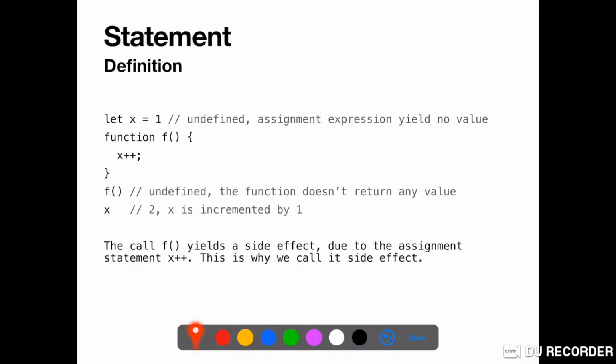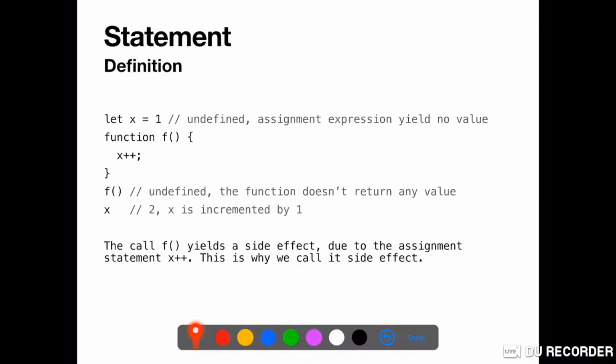So the term side effect is a bit strange, and here is an explanation why. This is a piece of JavaScript program. I have a local variable x equals 1, and I have a function f that doesn't take in anything but increments x by 1. And I call f here. This x becomes 2. So the call to f yields a side effect due to the assignment statement x++.